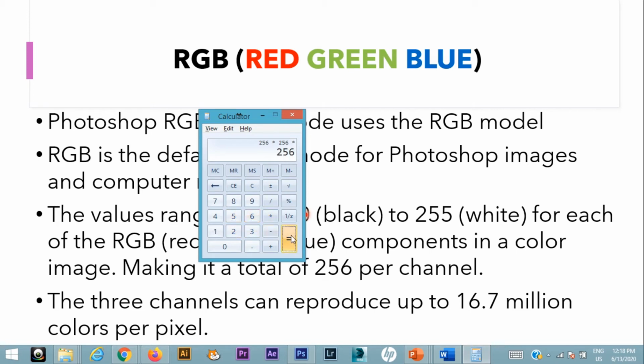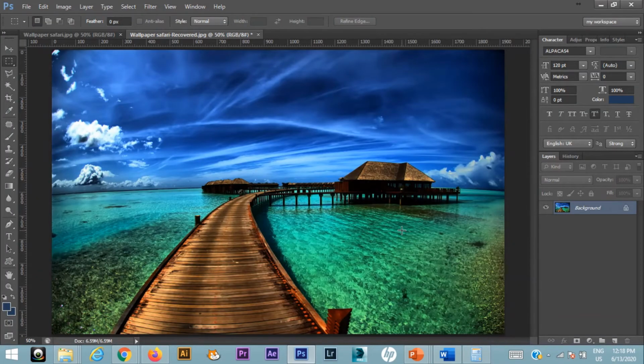If we calculate that, we have 16,777,216. That means every pixel can produce more than 16 million colors. Now let me show you what the pixel means.